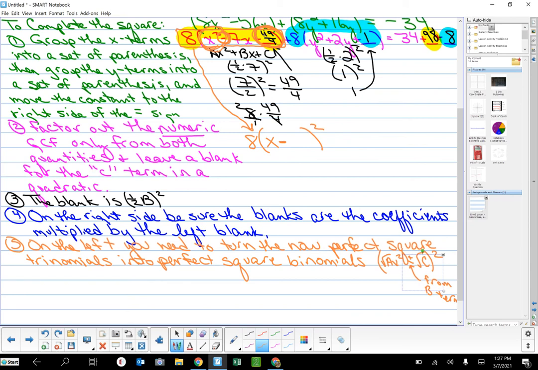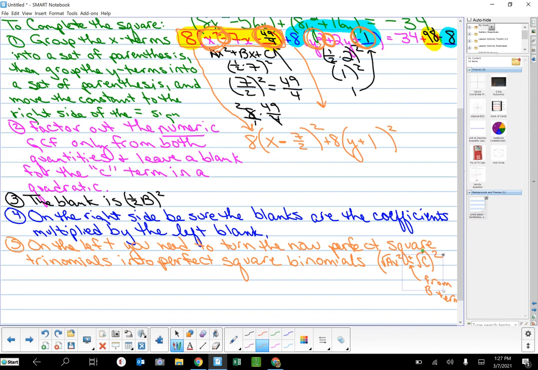The root of 49 is 7, and the root of 4 is 2. So this is 7 over 2. Now let's do it for the next quantity. I'm going to bring down the 8. Binomial squared. The root of y squared is just y. The sign off the b term is a plus, and the root of 1 is 1. And that's how you turn those trinomials into binomials.